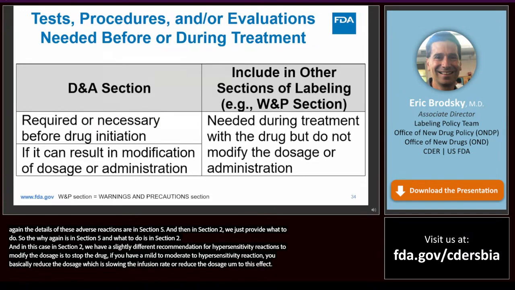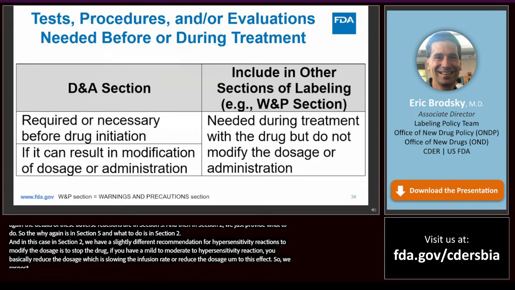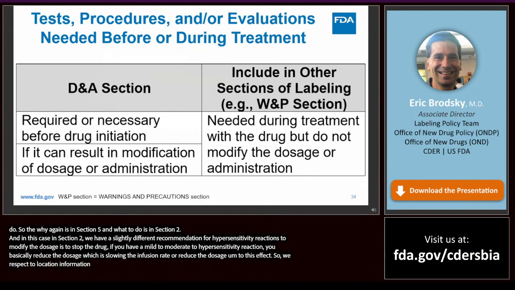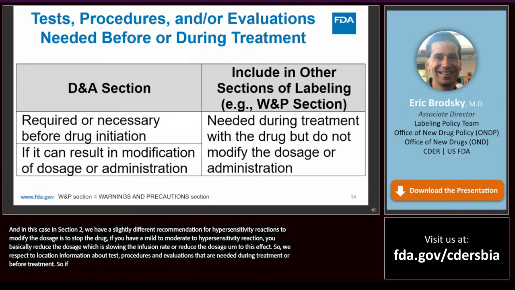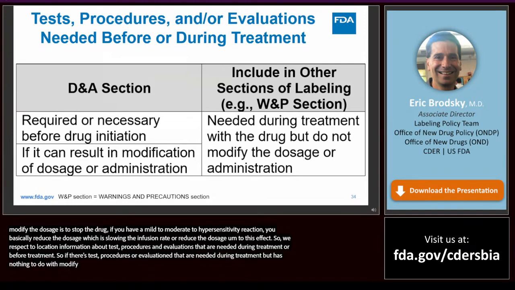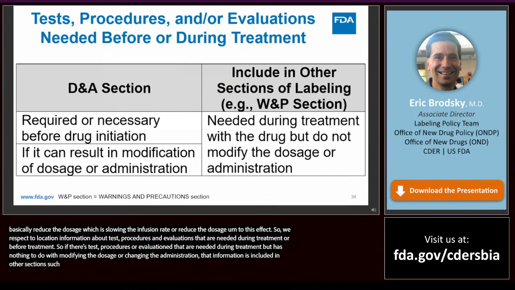With respect to the location of information about tests, procedures, and evaluations that are needed during treatment or before treatment: if there are tests, procedures, or evaluations needed during treatment, but it has nothing to do with modifying the dosage or changing the administration, that information is included in other sections of labeling, such as the Warnings and Precautions section, rather than the Dosage and Administration section.